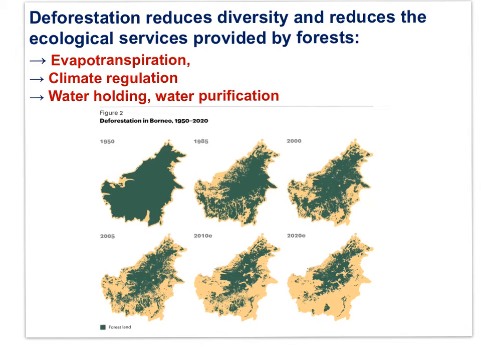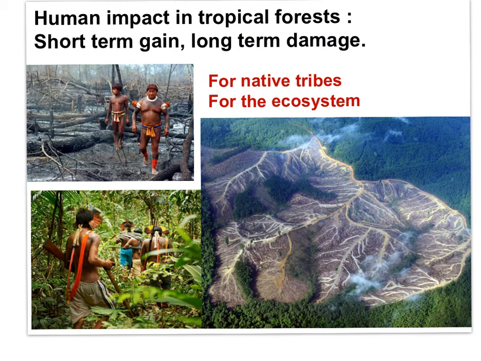No. Is the system less stable as a result of reducing the natural services provided in the intact system? Yes. Human impact in tropical forests can be seen in these images and characterized as short-term gain, long-term damage. Again, you can see the conflict between exploitation and sustainable development.